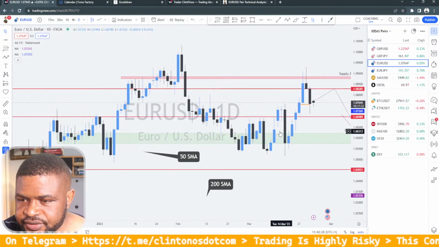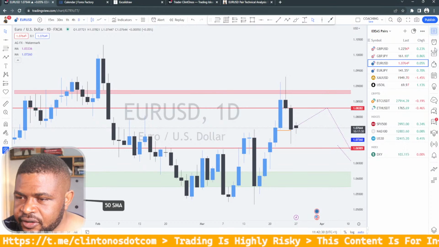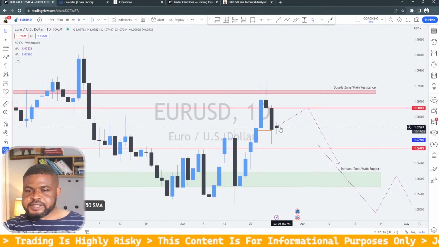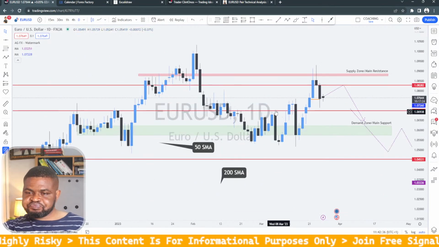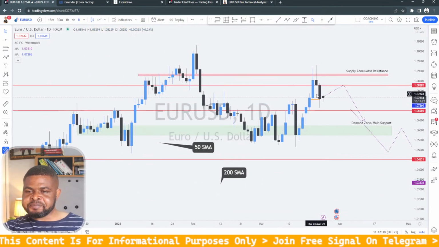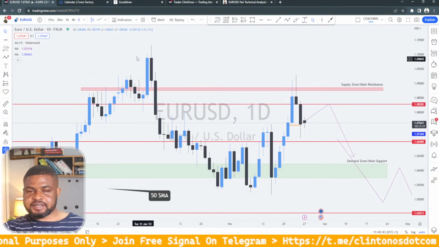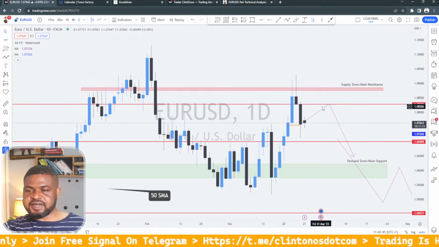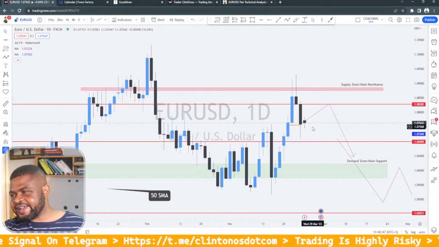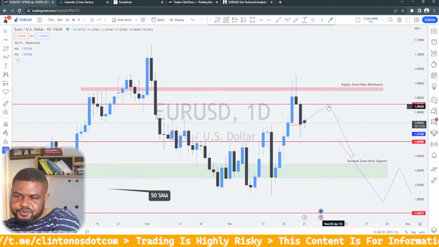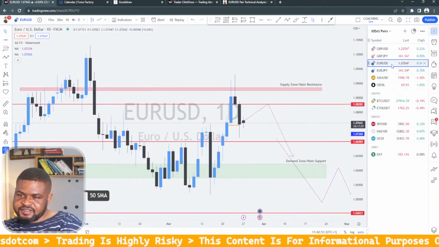Let's do this. All right, for the Euro USD, kind of slow, but it's still the same logic. I'm expecting price to push back. Price is currently going down. I expected the Euro USD to push up, and it didn't do that.